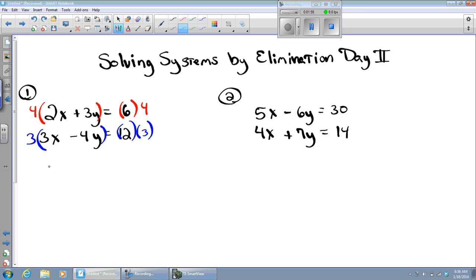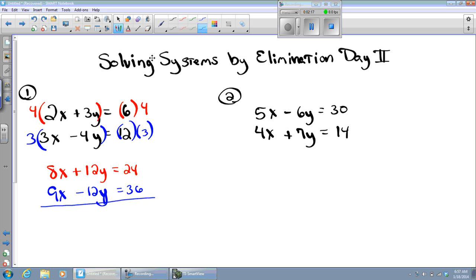So my top equation will transform into 8x plus 12y equals 24. And then when I multiply the second equation, I'm going to get a 9x minus 12y, and that is going to equal 36.